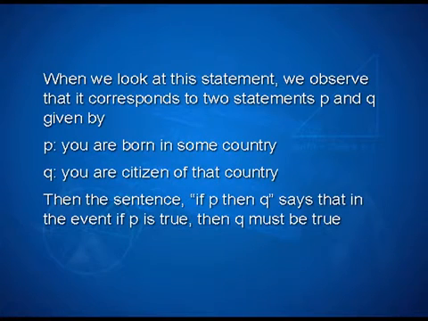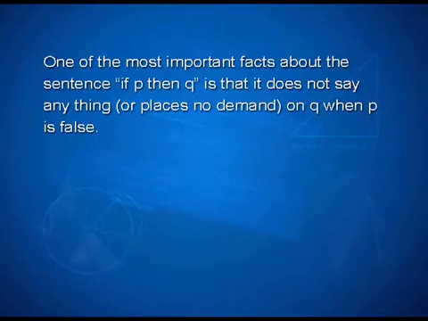Then the sentence if P then Q says that in the event P is true, then Q must be true. One of the most important facts about the sentence if P then Q is that it does not say anything or places no demand on Q when P is false.